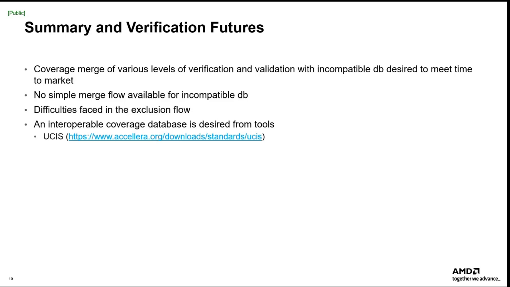But we are at a verification futures conference, so there is some future. There is a solution to all of that, and that's called UCIS. Accellera came up already with the standard, but unfortunately, it's not followed by all of the tools. If that were applied by all of the vendors, then basically this issue wouldn't exist.